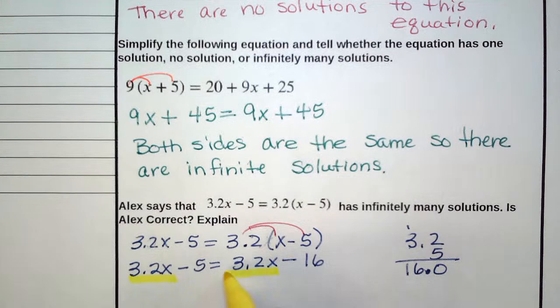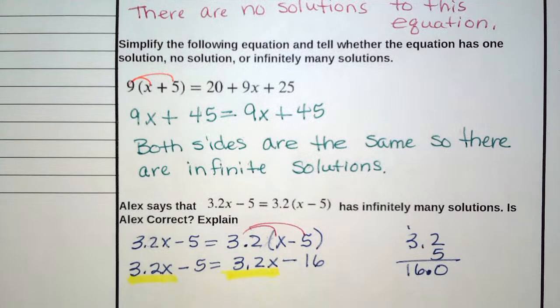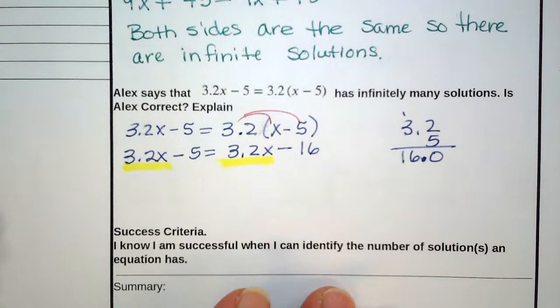The variable part is exactly the same. The number is not. If those numbers are not the same, we will never ever get a solution.